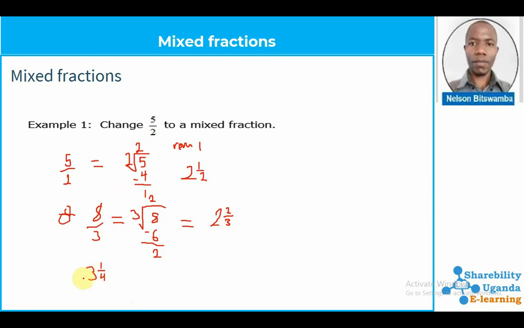If they tell you to change this into a proper fraction like this, here we can use many methods, but the simplest one is to get a 4. You say 4 times 3 then plus 1.